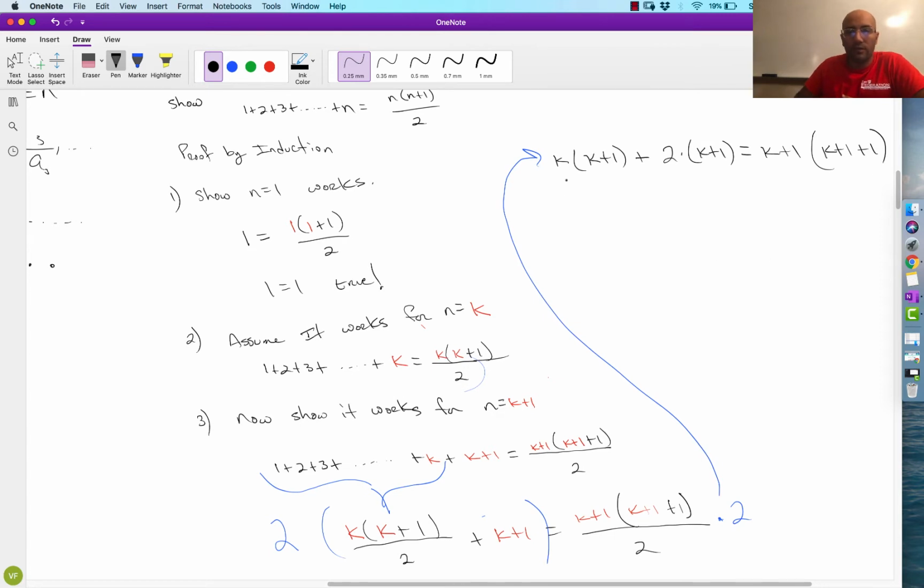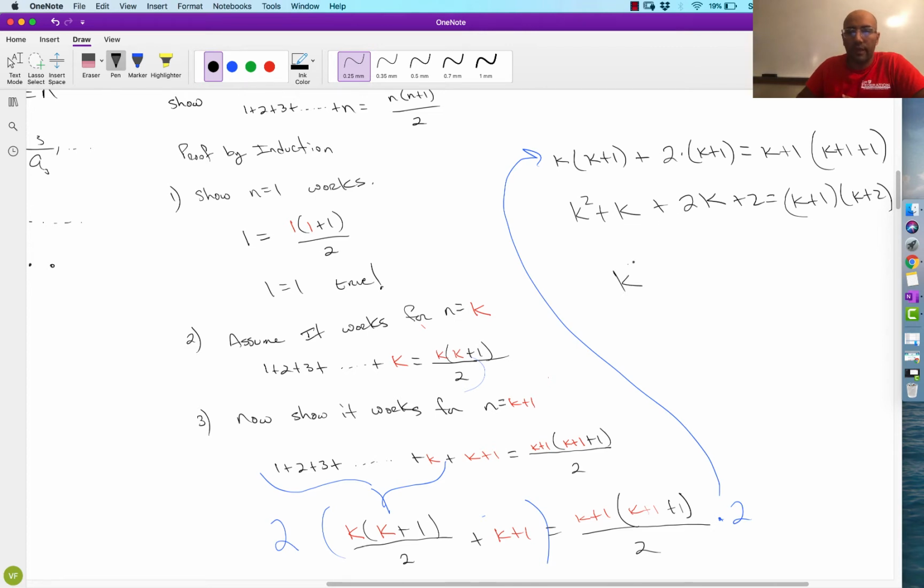Good. Okay, so now let's simplify. Distributing, I get k squared plus k plus 2k plus 2 equals k plus 1 times k plus 2. Good. And then we get to combine some like terms.